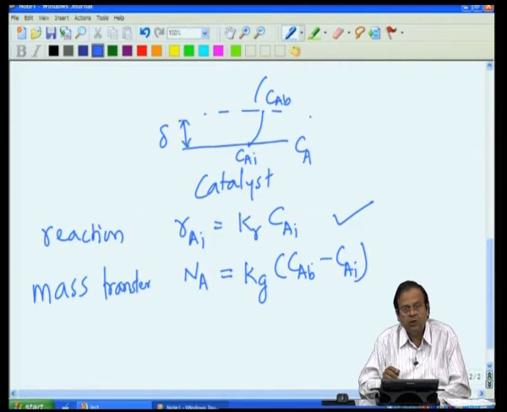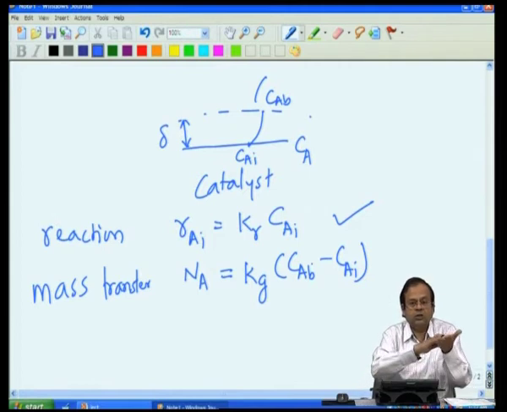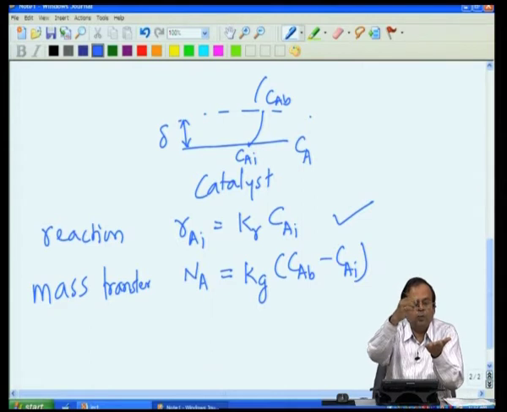So, what is happening? Let us say that this is my surface, the gas is flowing from the bulk or the boundary layer thickness to the surface, and it is reacting on the surface.